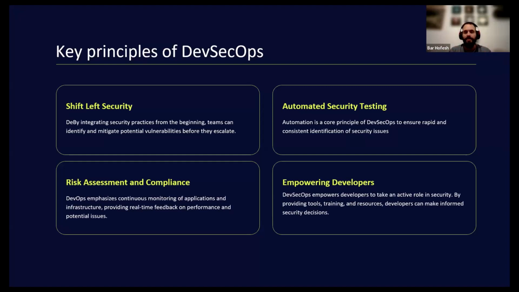lot of advantages. Automated security testing. Now that we have the ability to integrate into the CI/CD pipeline, into the SDLC lifecycle, it means that all of those automated tools that DevOps added to the development process can now be used for security.